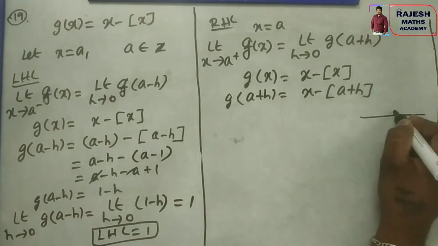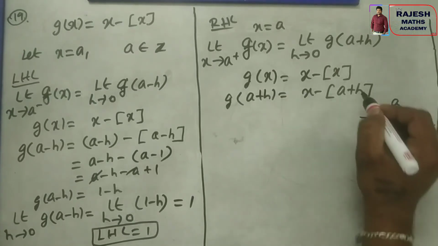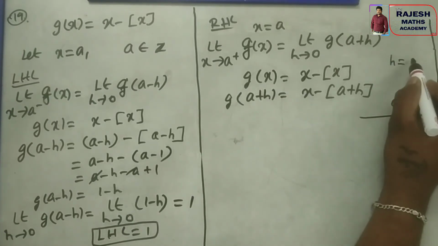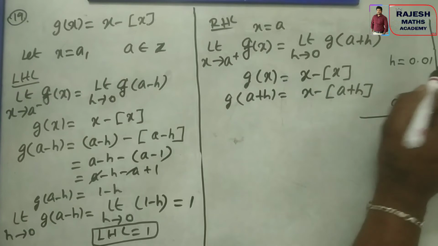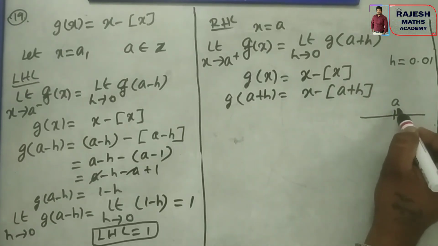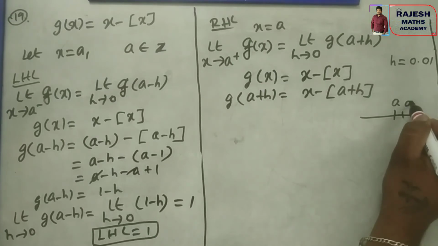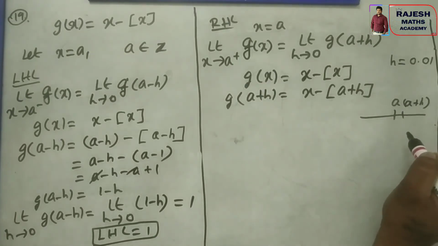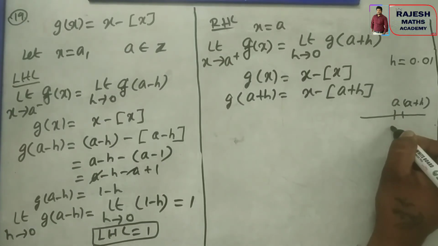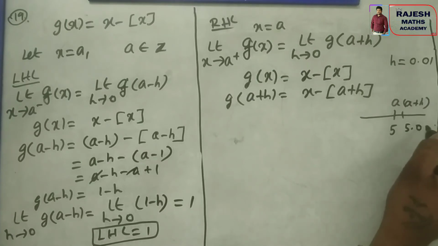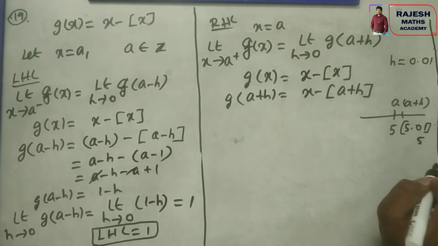Now we will find the value of the greatest integer of a plus h. Again plot a on the number line. We know that h is a very small value. I am taking 0.01. So my a plus h will be very close to a, but on the right side of a. For example, if I take a equal to 5, my a plus h will be 5.01, whose greatest integer value is 5.